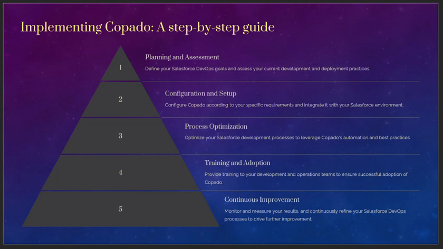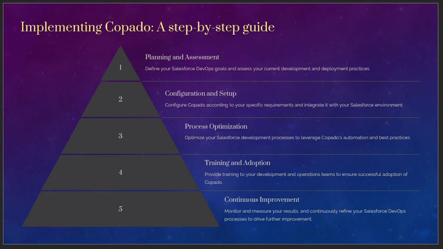Then set up Copado, connect it to your Salesforce org, optimize the workflow, automate your process, and train your team, meaning teach them how to use Copado. And then the fifth one is keep improving: track the performance and adjust accordingly. Start with a small project before using Copado for your whole team. Then you can understand how Copado offers different types of features to your project, and how you can leverage those features in your project.